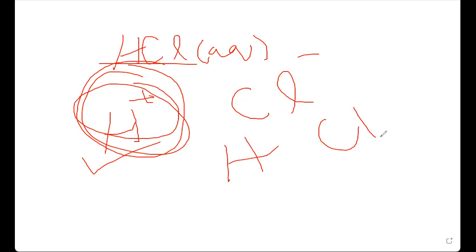When you are dissolving HCl into the water, water is more powerful, it will try to break the HCl molecule. Chlorine is more electronegative, it will take the electron of the hydrogen away from it. It will become negative and hydrogen will become positive, and positive hydrogen doesn't have anything in it. So the positive hydrogen is called a proton.